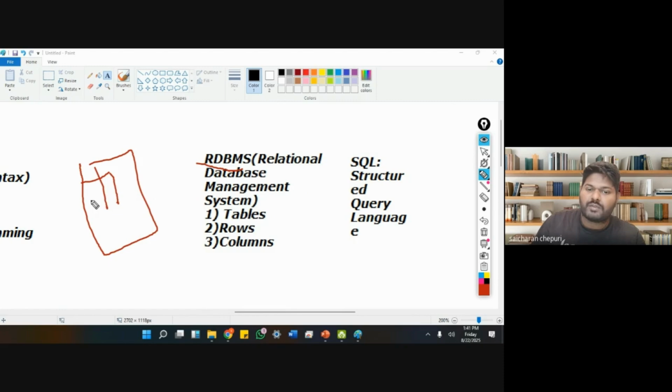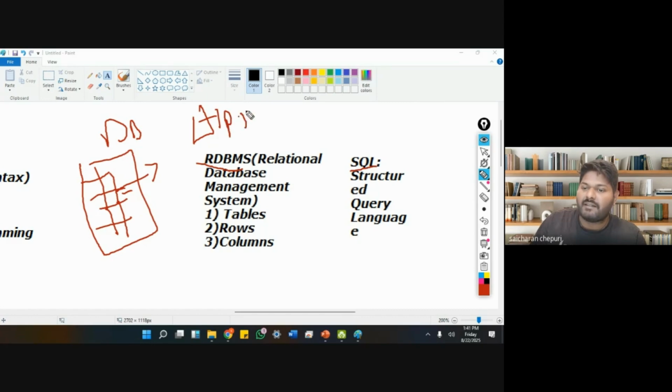These are the few rules that we follow to effectively store the data and to efficiently retrieve the data faster, right? For that purpose, we have created a database using RDBMS. But to communicate with this database, we need to have a language, right? For example, to communicate with computers, we need to have a programming language, isn't it?